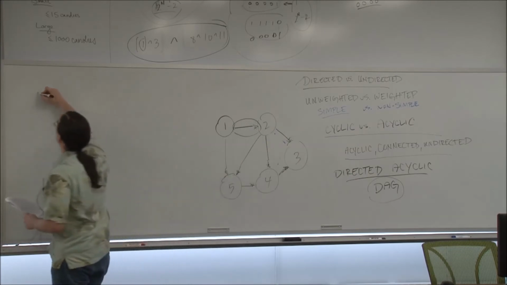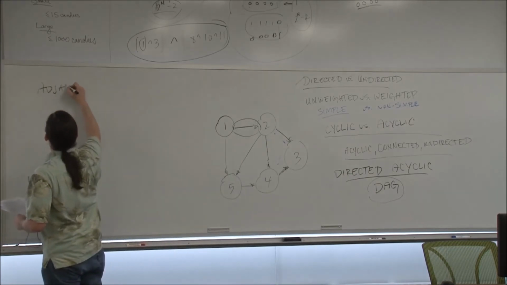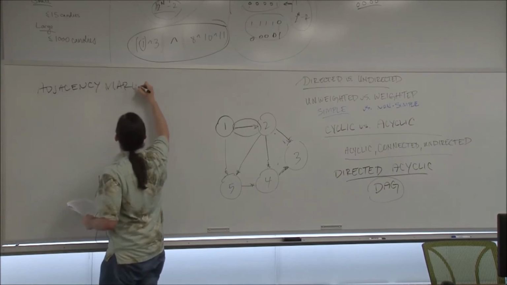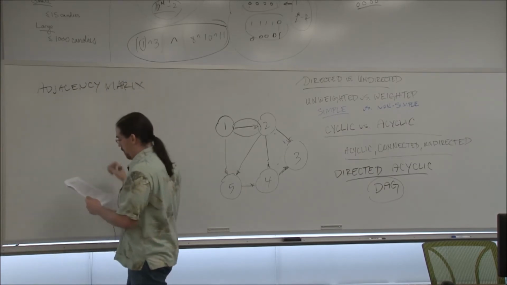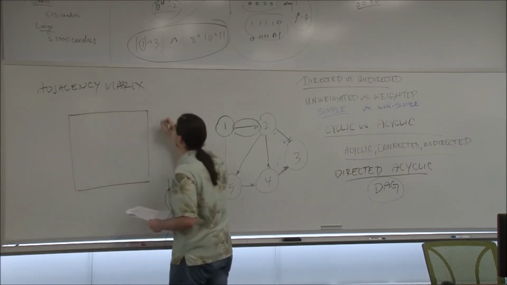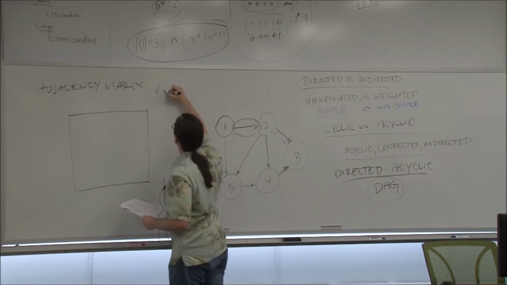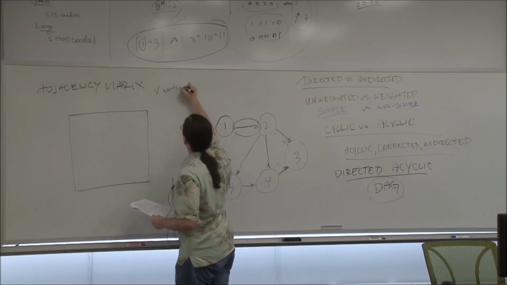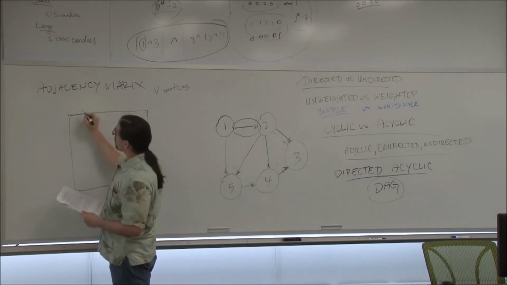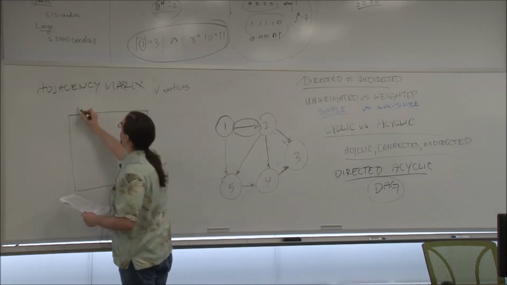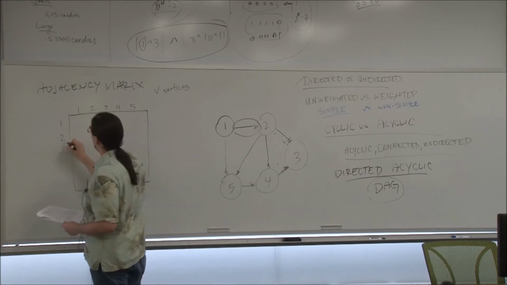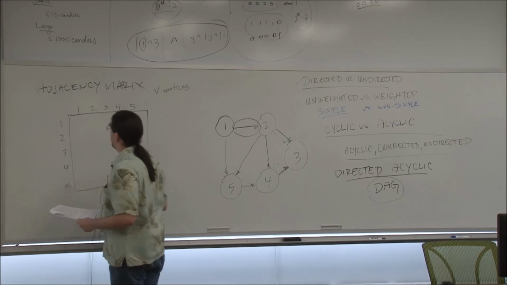The next method is called an adjacency matrix. So what we do is if we've got some graph with v vertices, then we allocate an array that's v by v. So if we're going to represent this graph as an adjacency matrix, we'd have a 5 by 5 array, labeled 1, 2, 3, 4, 5.